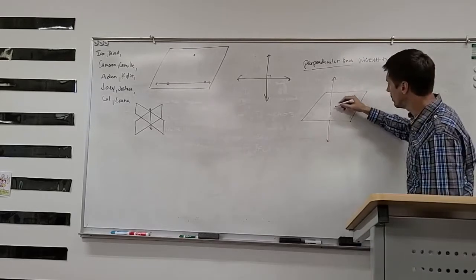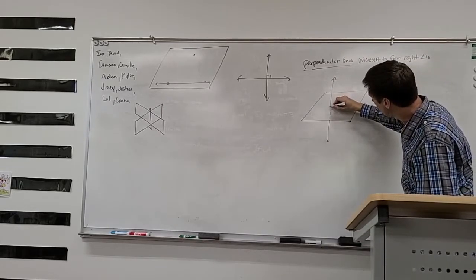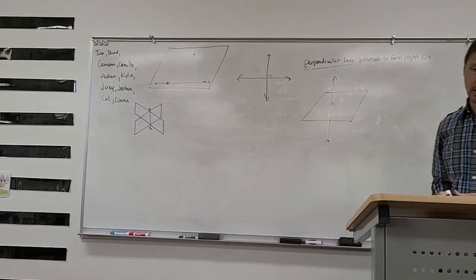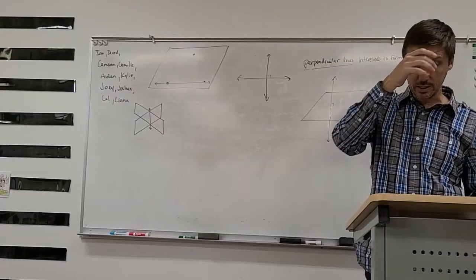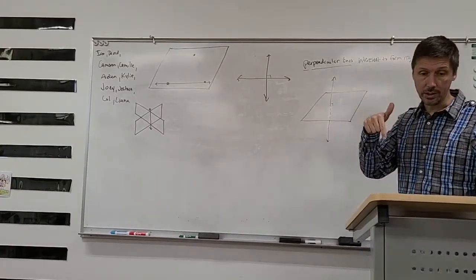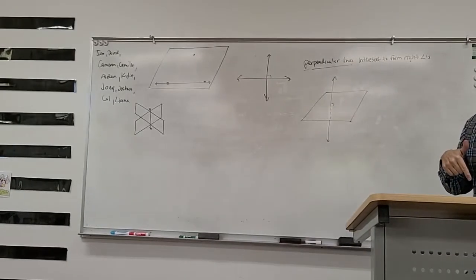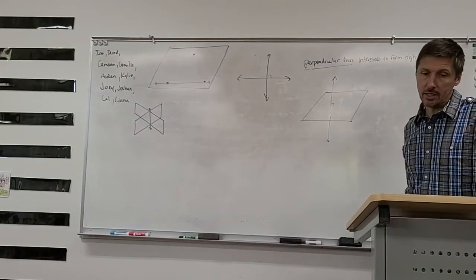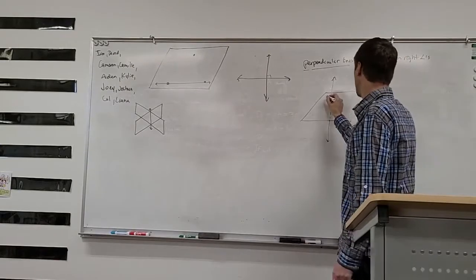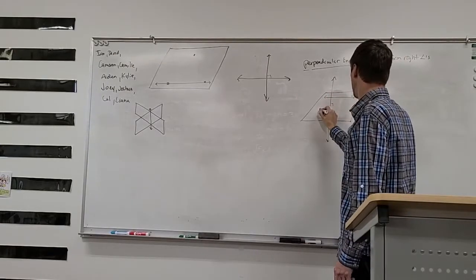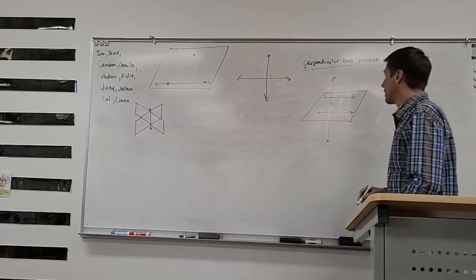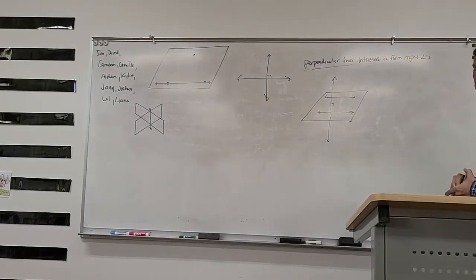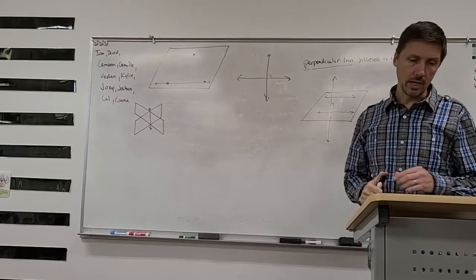At this point, we've got a 90-degree angle as it intersects the plane. So a line perpendicular to a plane is a line that intersects the plane in a point and is perpendicular to every line in the plane that intersects it. So every line in this plane is perpendicular to this other line. Make sure you understand that concept of a plane and a line perpendicular to it.